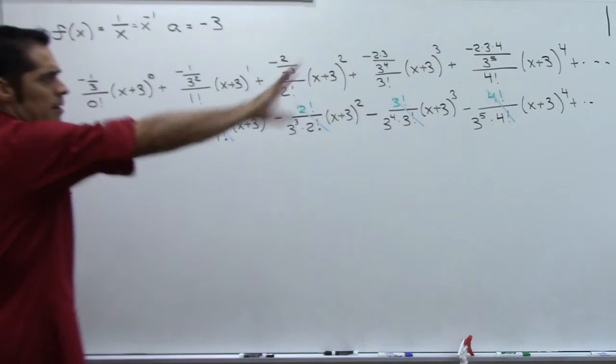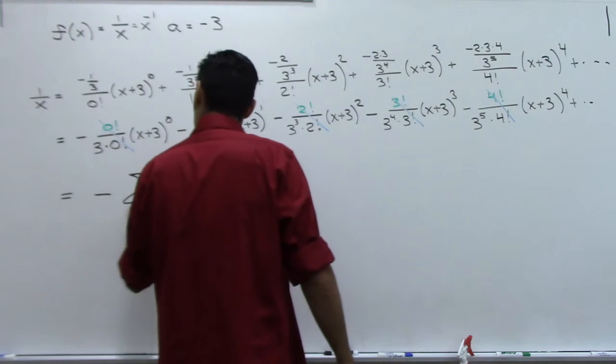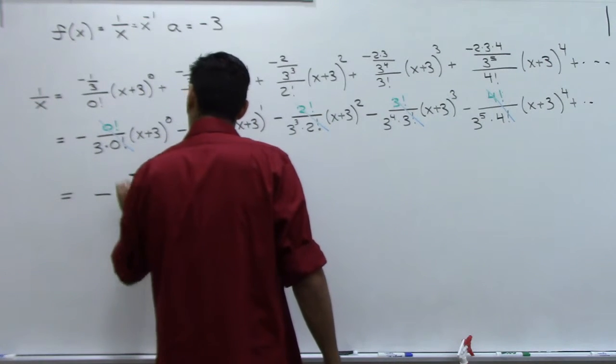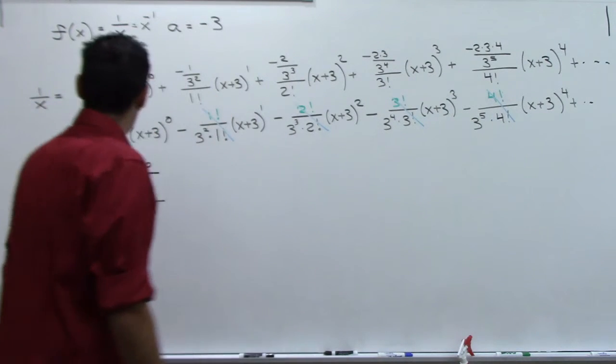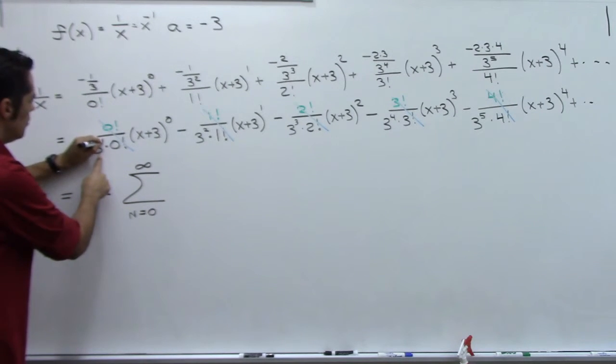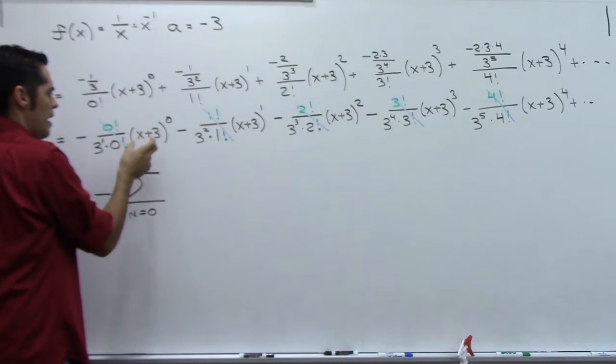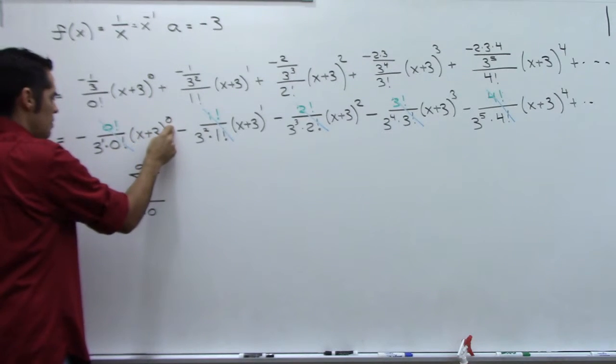We have a negative on every one of these. So we have a negative, sum, n equals 0 to infinity. And then this is 3 to the first power, right? And then the only other thing we have is (x plus 3) to the 0 power.